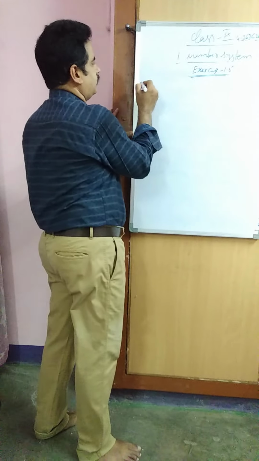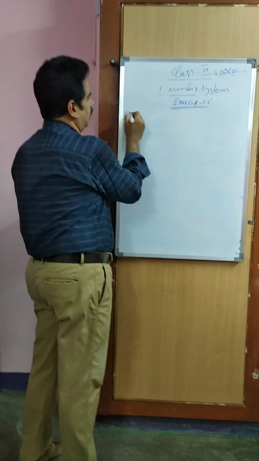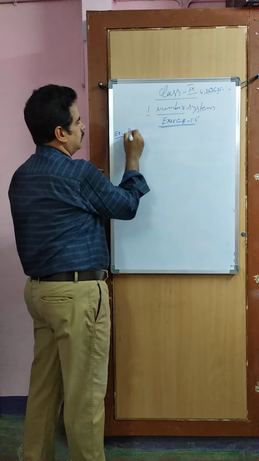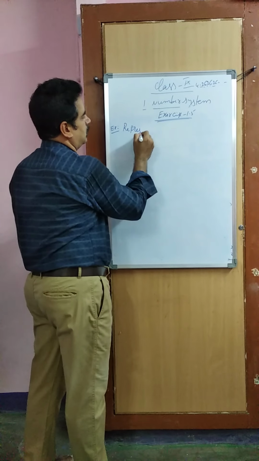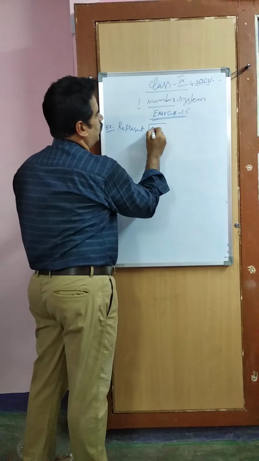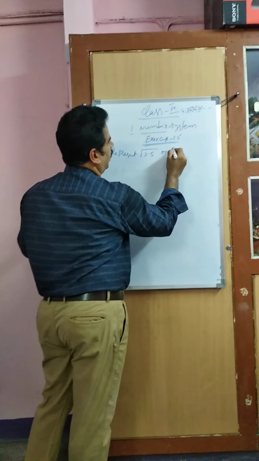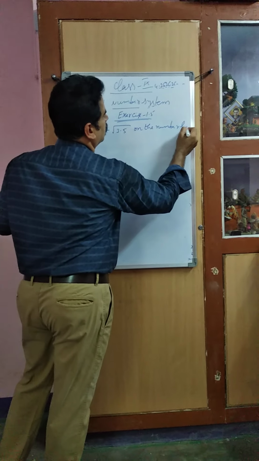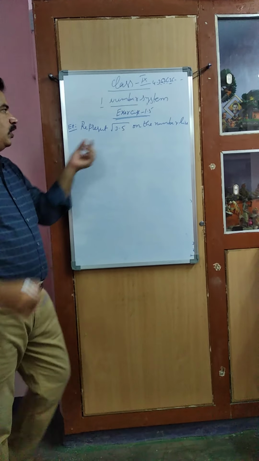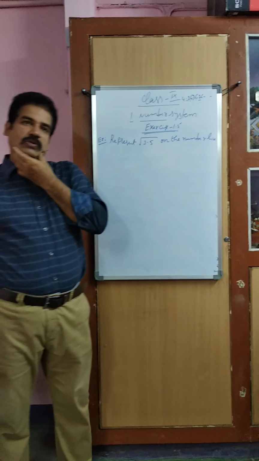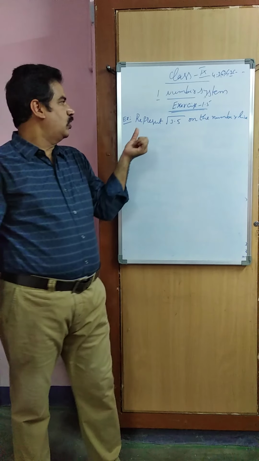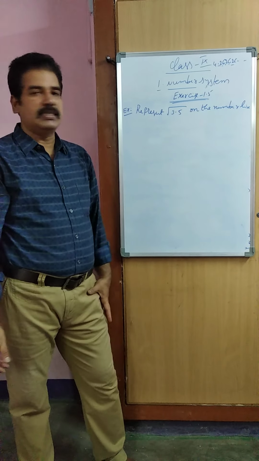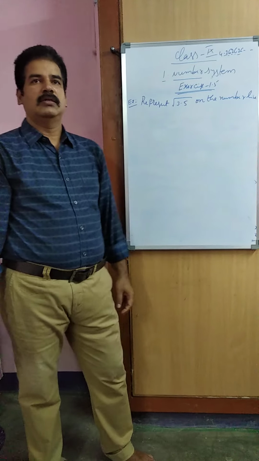Represent. Example, I am explaining: represent root 3.5 on the number line. Already whole numbers we represented, root 5, root 8 we did. Now represent root 3.5 on the number line. Okay.